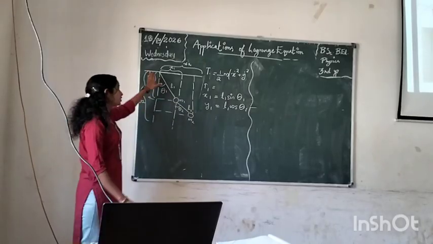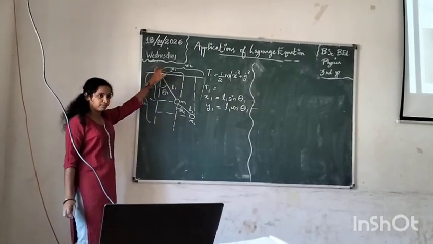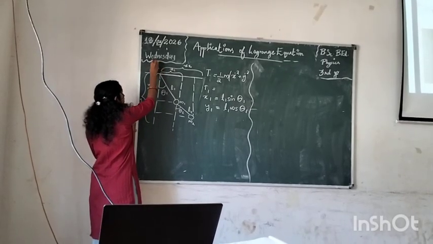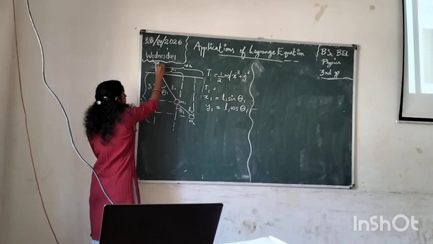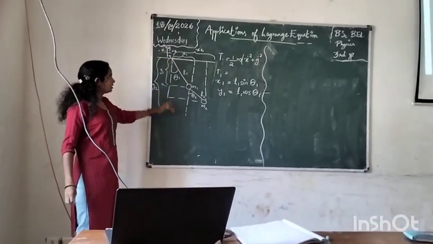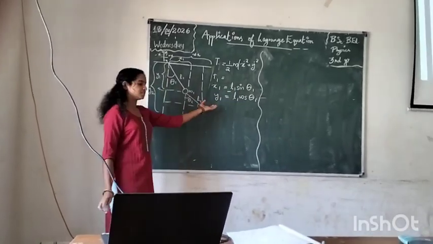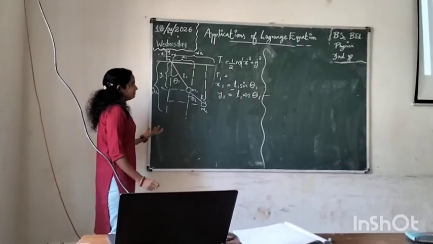Here our equilibrium point we are taking over here. This will be positive y, and downwards we will have negative y. Here positive x, here negative x. So our y downwards will be negative, so we give a negative sign. y1 is equal to minus L1 cos theta 1. So that is our x1 and y1.